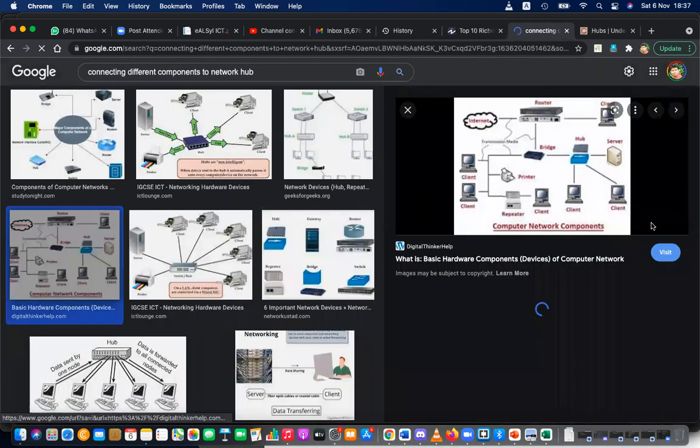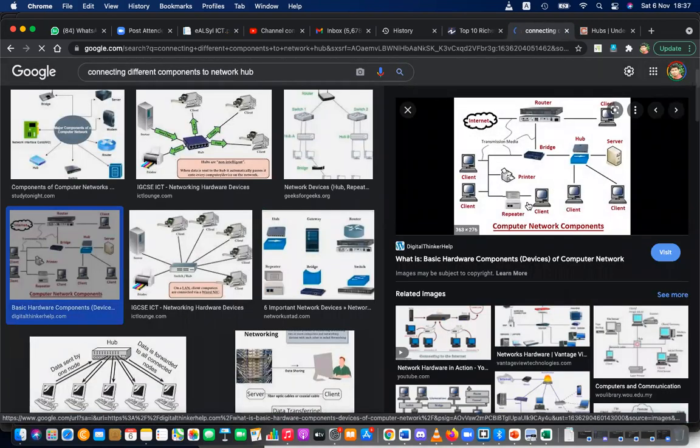Here, can you see? This is from Digital Thinker. You can see there's a hub. The hub is connecting a server, client, client. These are computers. This is a computer, this is a computer. But here the hub is connecting the bridge also. Right? The hub is connecting the bridge also.